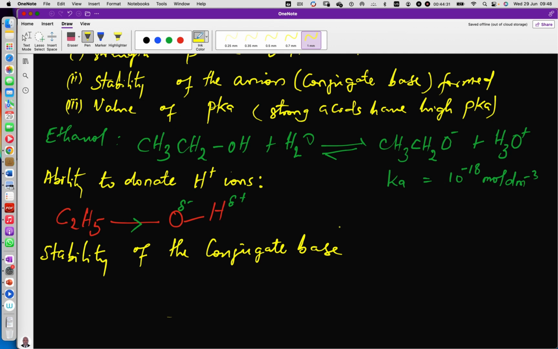It should be noted that the ethoxide ion is C2H5O minus.